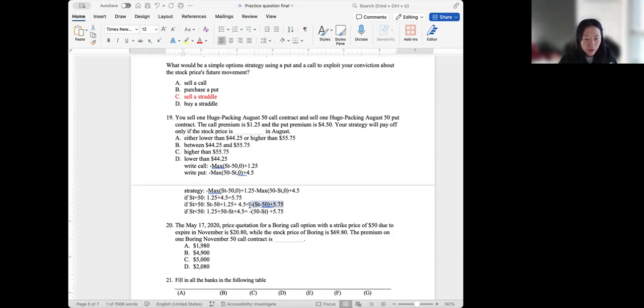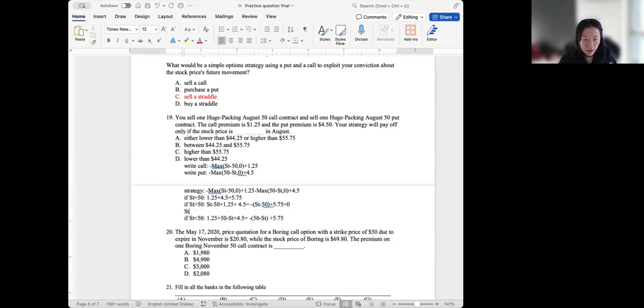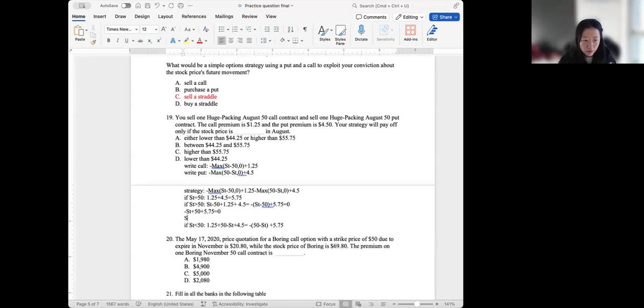Otherwise, this part will be a pure negative number. So the maximum we can do is make it equal to 0 and figure out the highest ST that we can bear. So this will be negative ST plus 50 plus 5.75 equals 0. So ST equals 55.75.